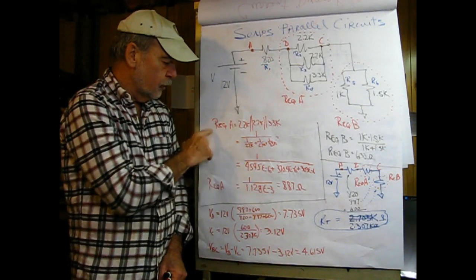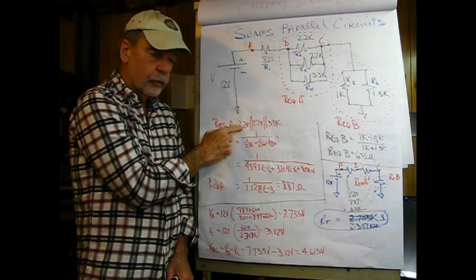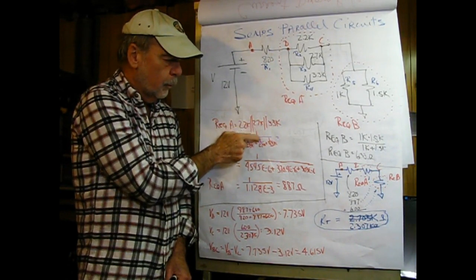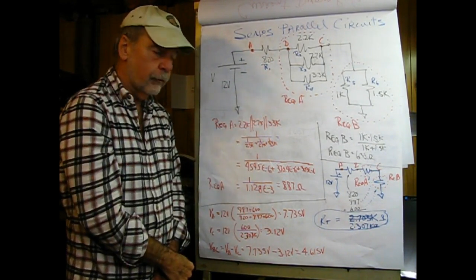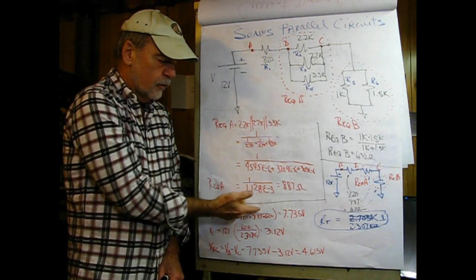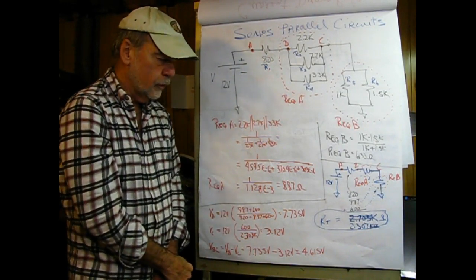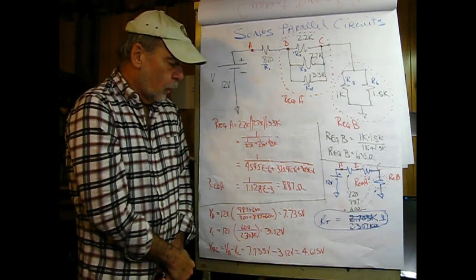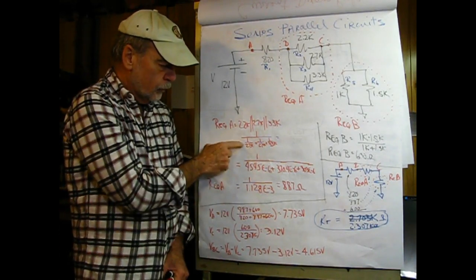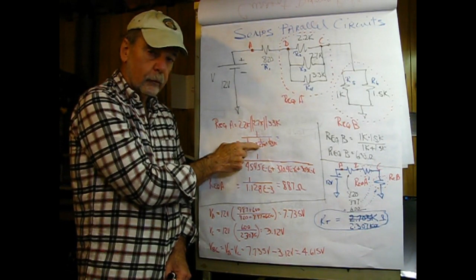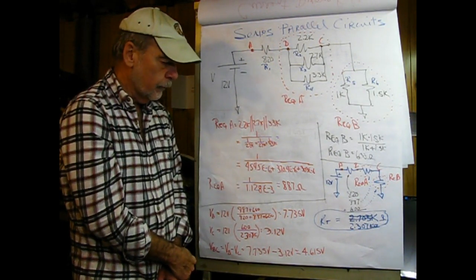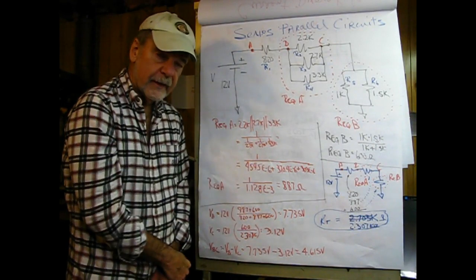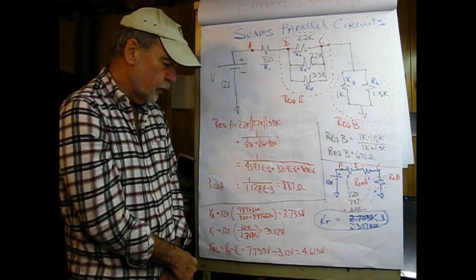So R equivalent A is equal to 2.2K in parallel with 2.7K in parallel with 3.3K, and I work through this using the equation for parallel circuits that we discussed last time. That involves the conductances, 1 over 2.2K and 1 over 2.7K and so forth. I was careful to write down every step here, so there are no questions.